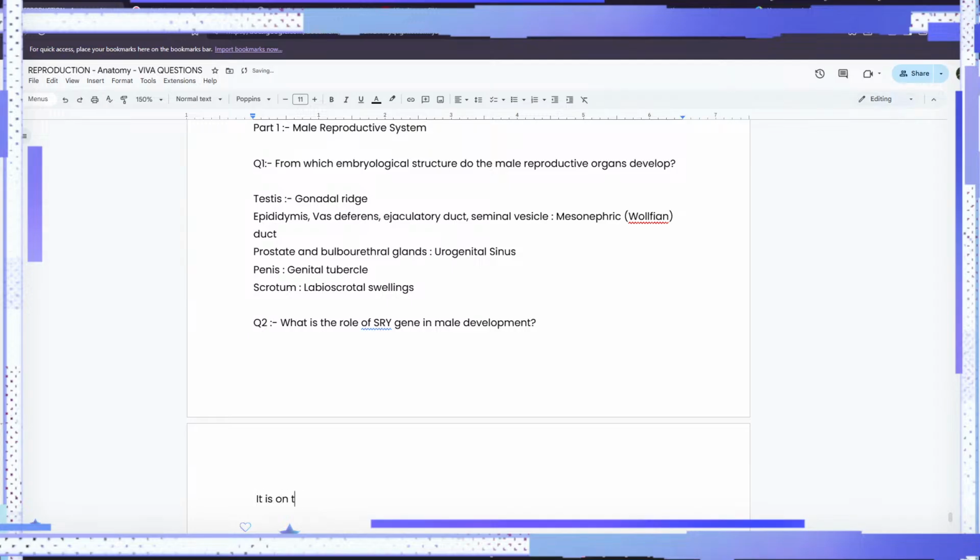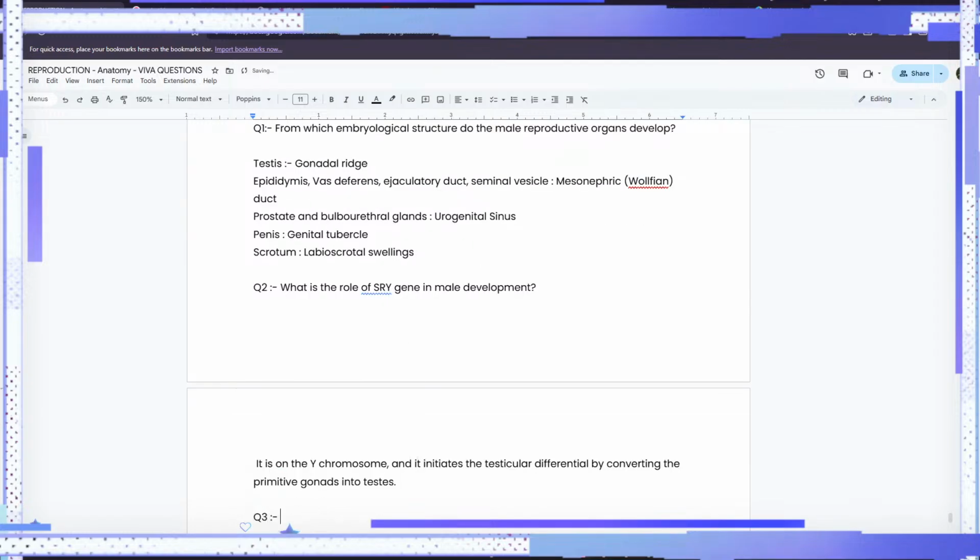It is on the Y chromosome, and it initiates the testicular differentiation by converting the primitive gonads into testis.